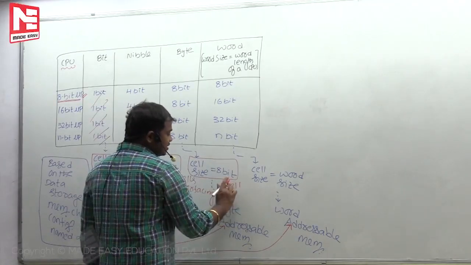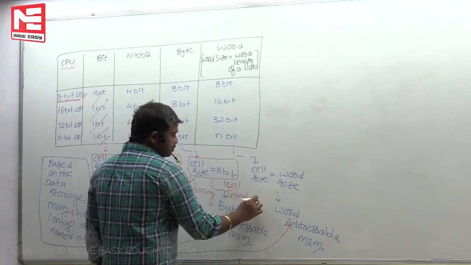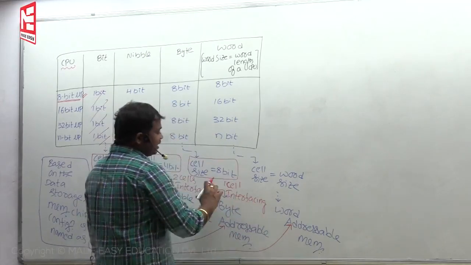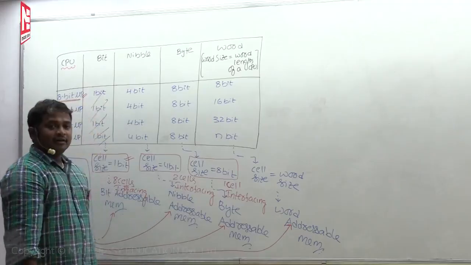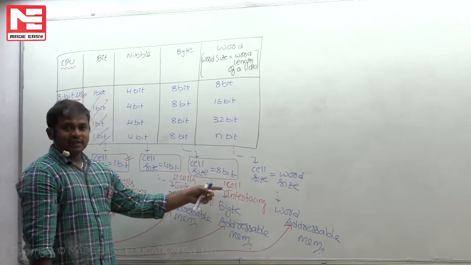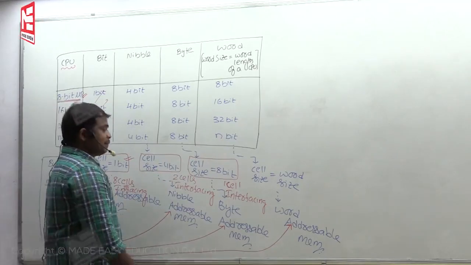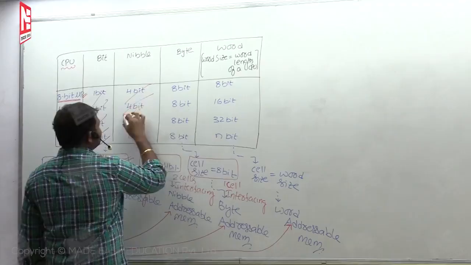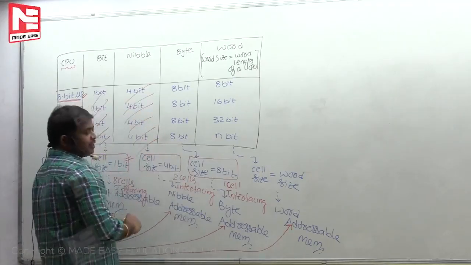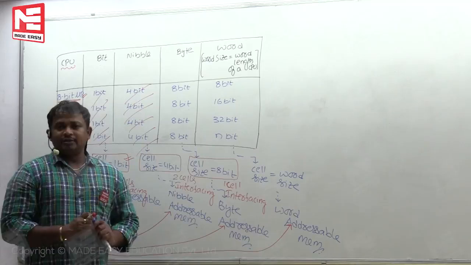So one cell interfacing is enough. So with respect to the interface comparison, 8-bit memory cell, one cell interfacing; 4-bit memory cell, 2 cells interfacing. So 4-bit nibble addressable memory is not in use, because in the market byte addressable memory is available.